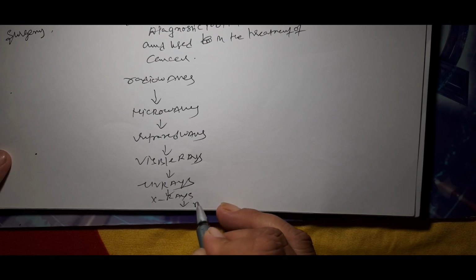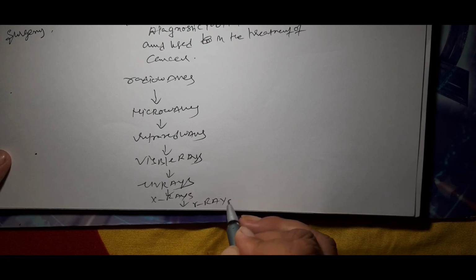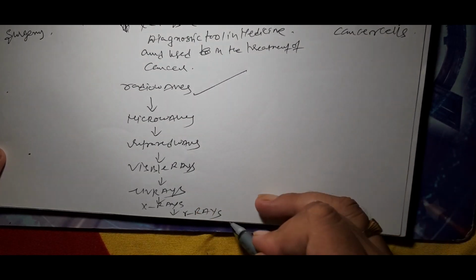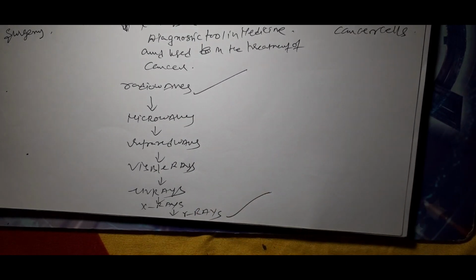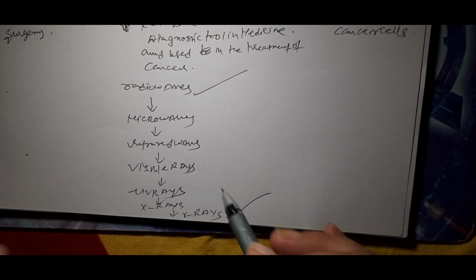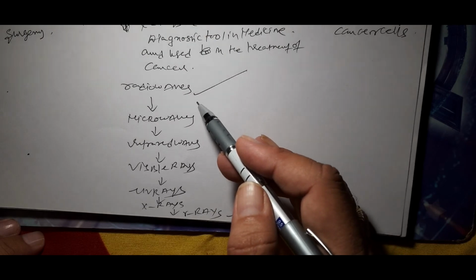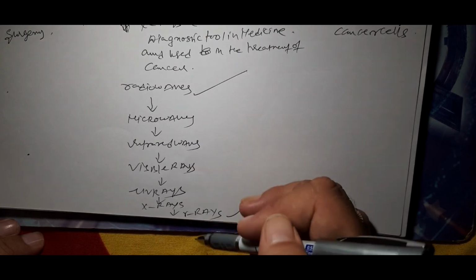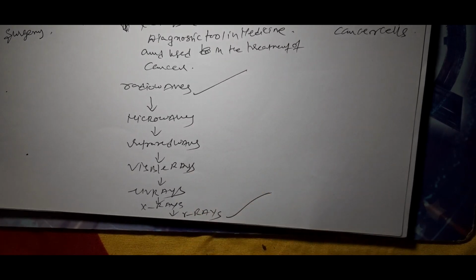Finally, gamma rays have the least wavelength. Gamma rays have high energy, so they have the least wavelength. This is the decreasing wavelength order of the electromagnetic waves.